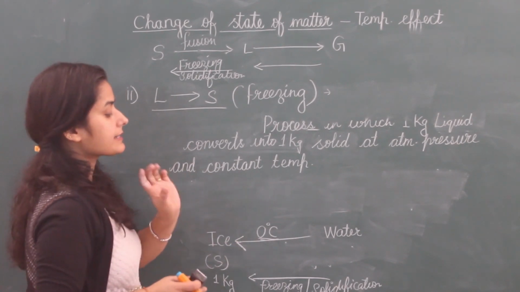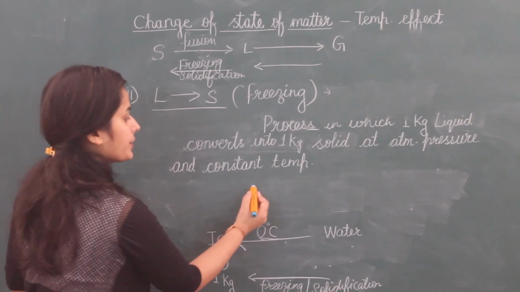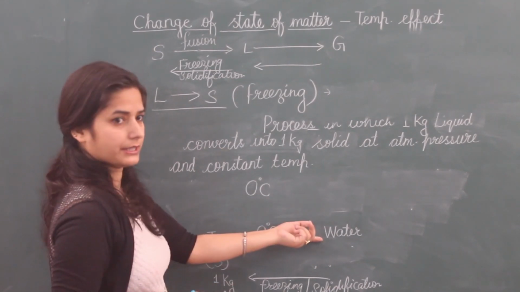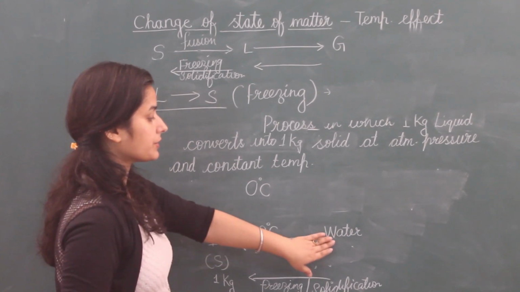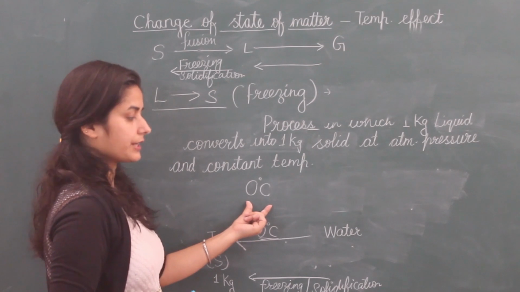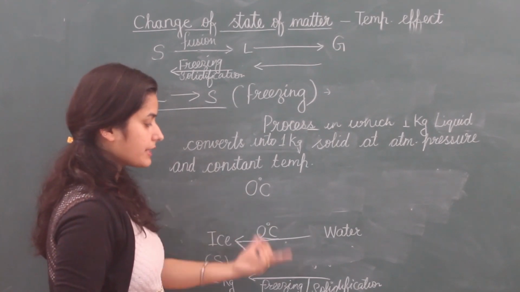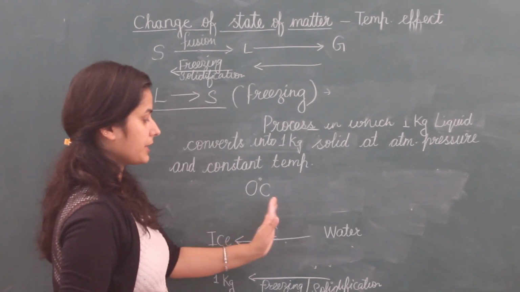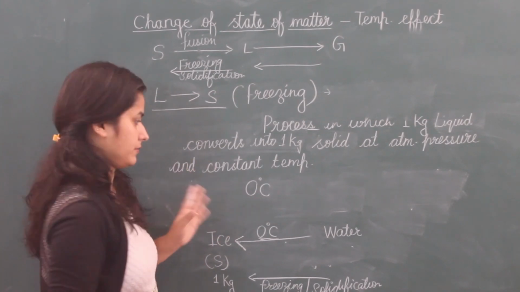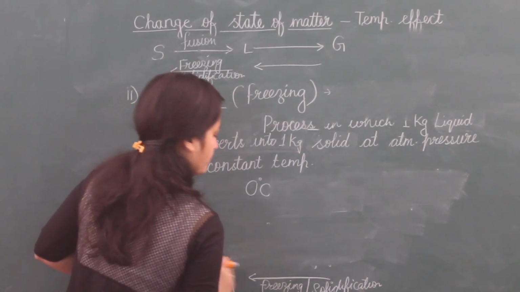Ice at the same temperature, 0 degrees, converts into water completely. When complete ice has converted into water, you can check that the temperature will be 0 degrees Celsius. And after some time, the temperature starts to change from 0 to 1, 2, 3, this way.